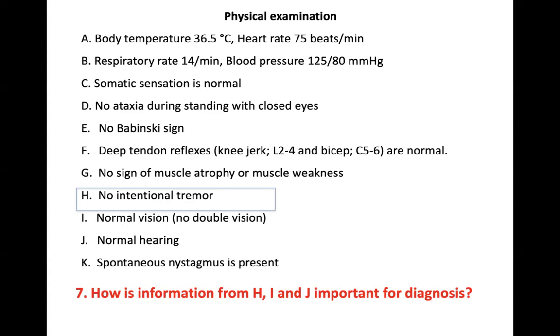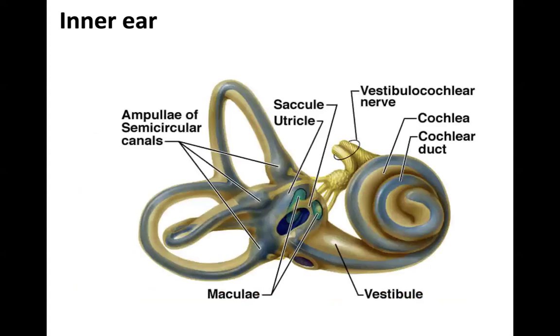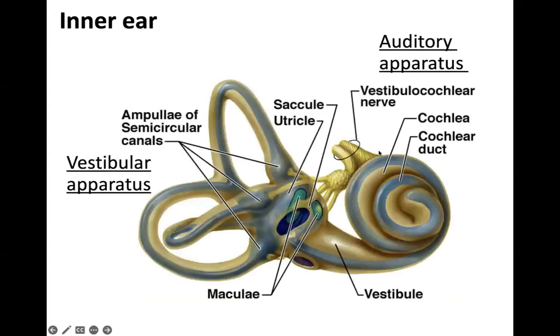Hearing, because we know that the inner ear is important for balance as well. So we test hearing. Even though the auditory apparatus and vestibular apparatus are separated, sometimes if you have ear infections, you can disrupt both.